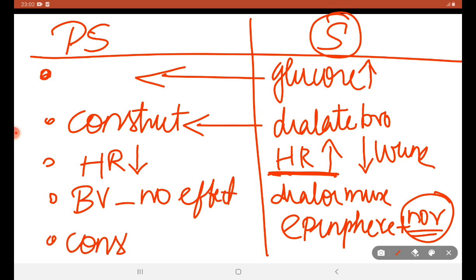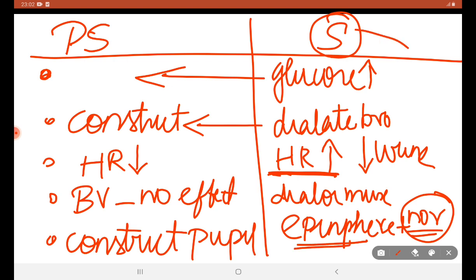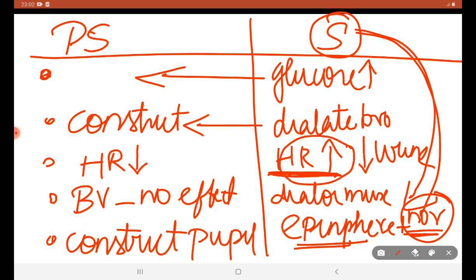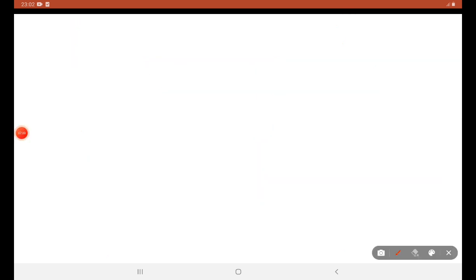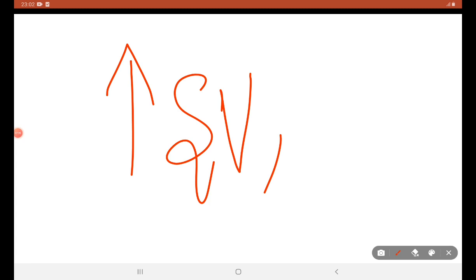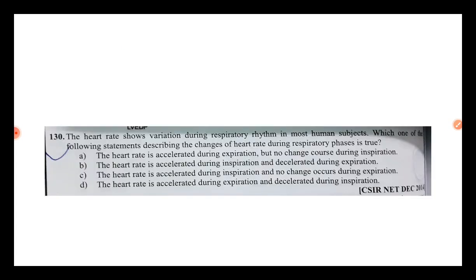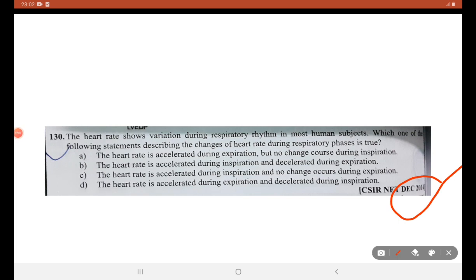Constricts pupil. Okay. This is the effect on adrenal medulla with respect to sympathetic nervous system. So sympathetic nervous system comes under epinephrine and norepinephrine, and it causes increase in heart rate. So increase in heart rate, with respect to the Starling and Frank law, increases stroke volume, end diastolic volume, all those will happen.